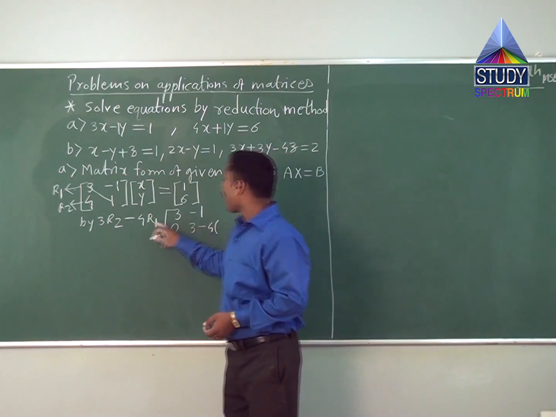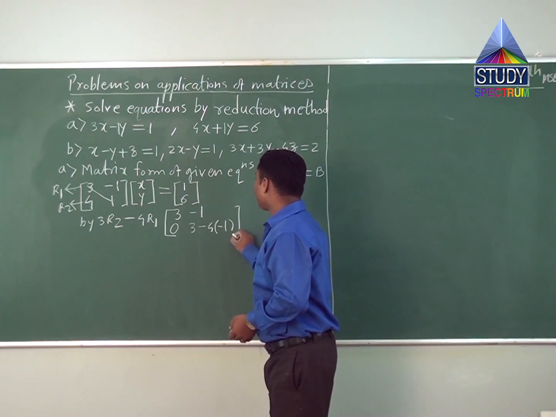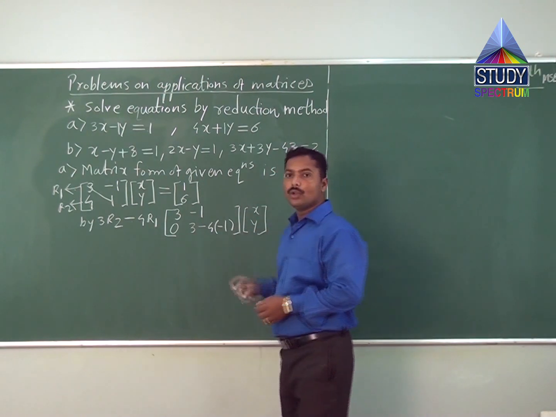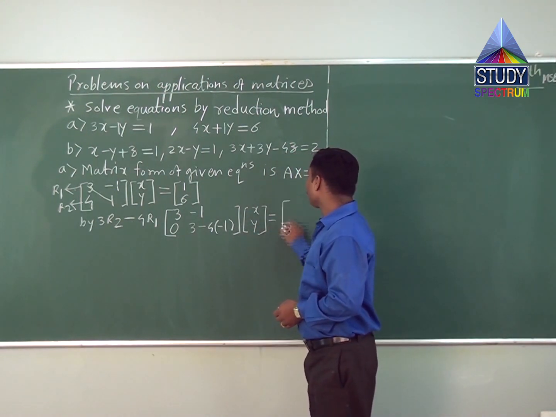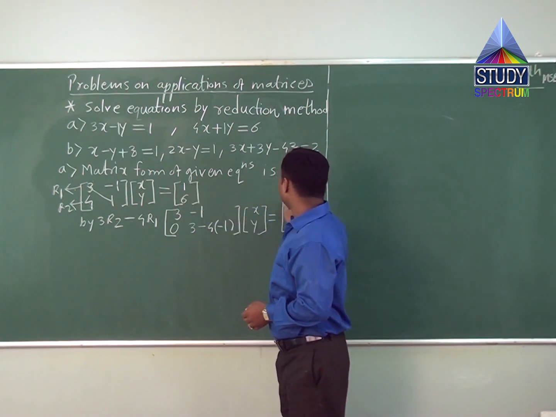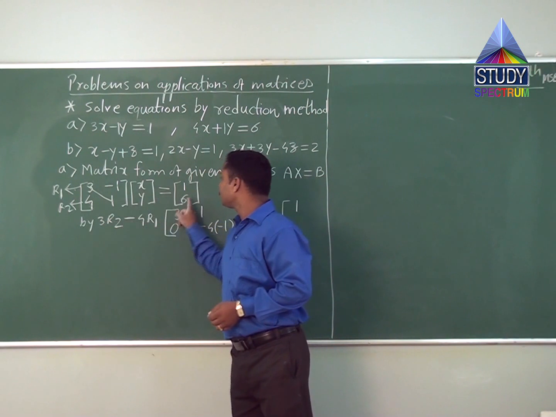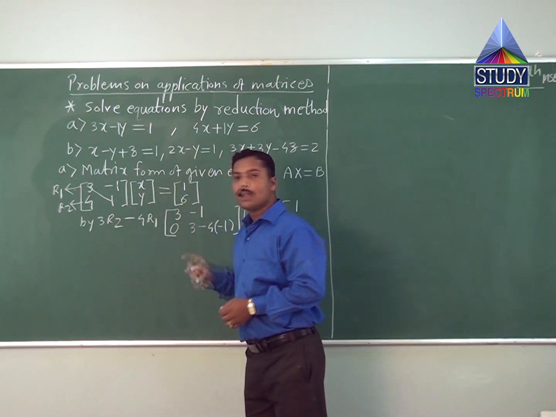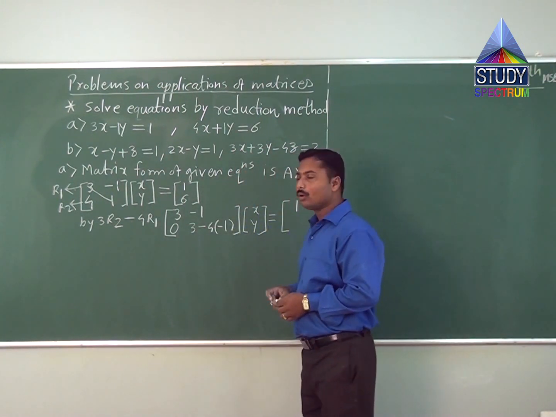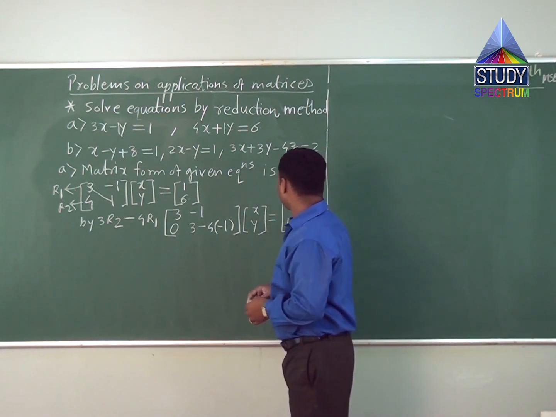Similarly, first row as it is, 1. 3 into 6 is 18, minus 4 into 1 is 4, 18 minus 4 is 14.